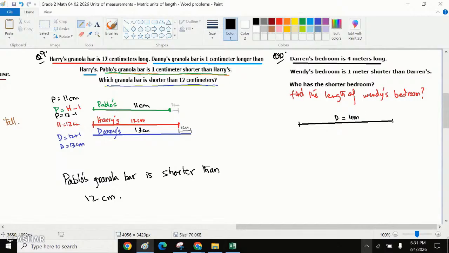Wendy's bedroom is how much shorter? 1 meter shorter, right? So we can say that Wendy's bedroom would be Darren's minus 1, because the difference of the length of their bedrooms is 1 meter.